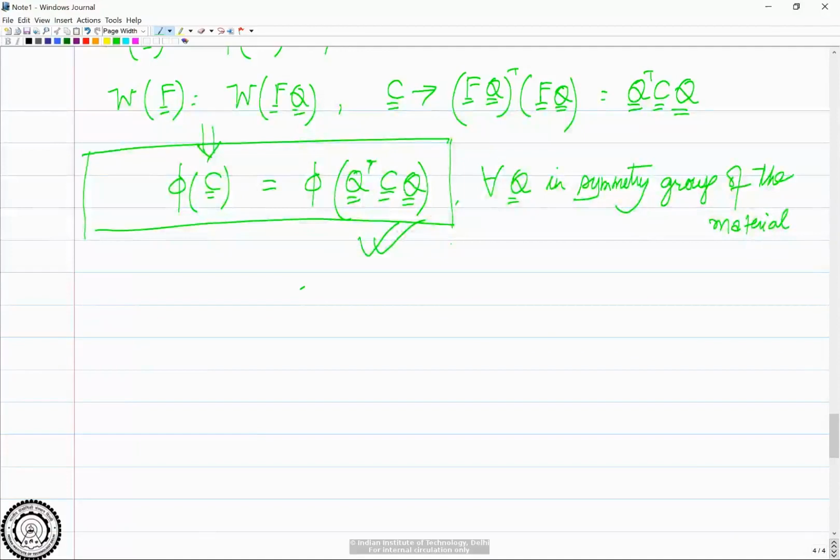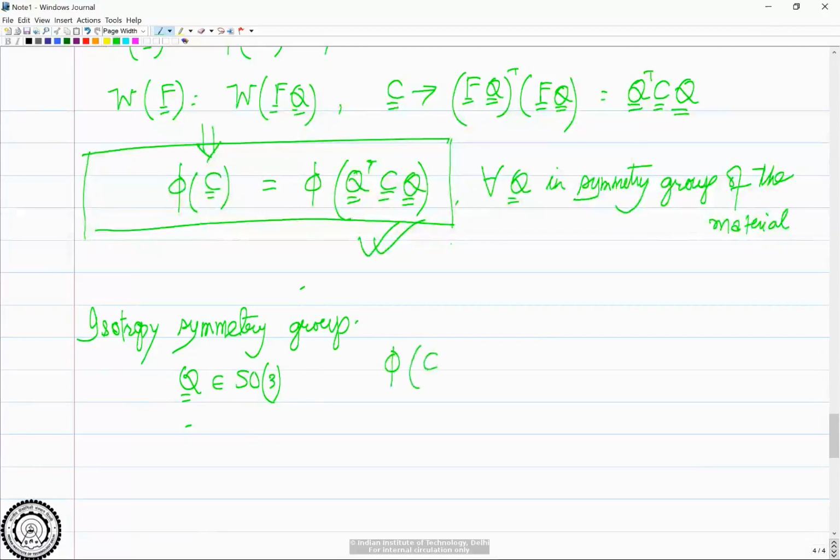Okay, now let us work in particular for the isotropy group. So for the isotropy symmetry group, Q has to be all of SO3, all rotations. Now look at the statement of energy, the way it is appearing.